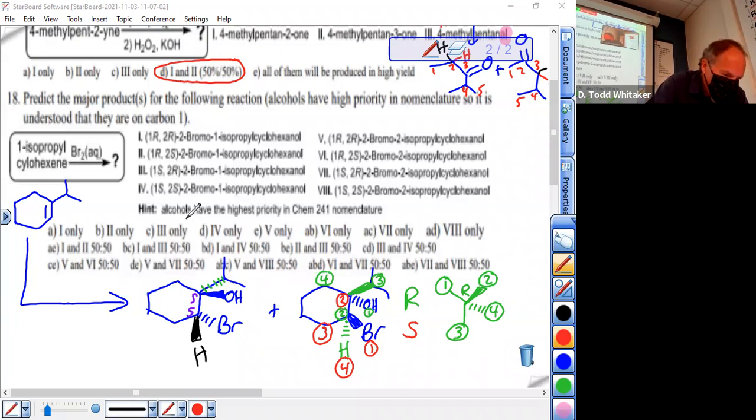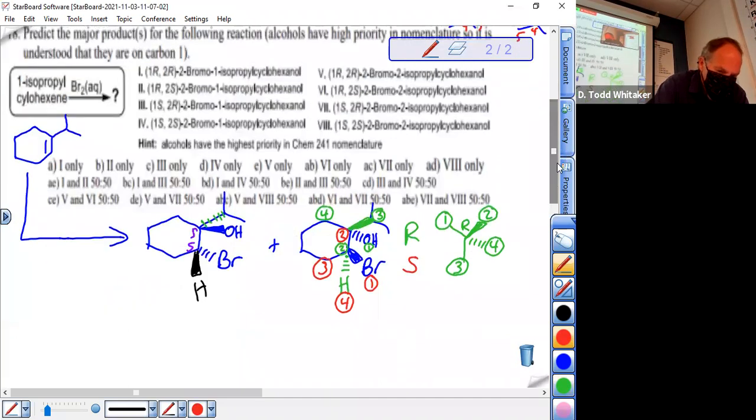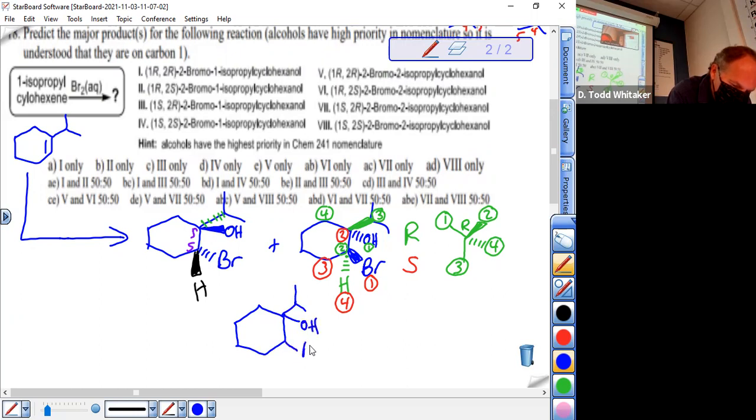It says alcohols have the highest priority in nomenclature. So I'm going to do a third drawing down here without stereochemistry. This is for nomenclature based on our new information. If alcohols have the highest priority in organic chemistry, that's carbon number 1. You're told that.